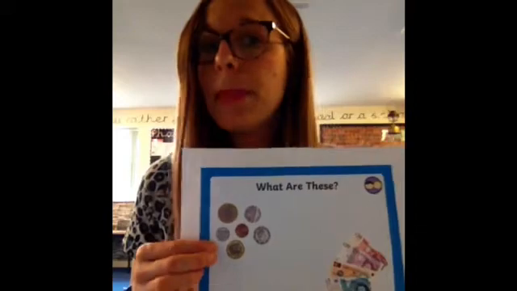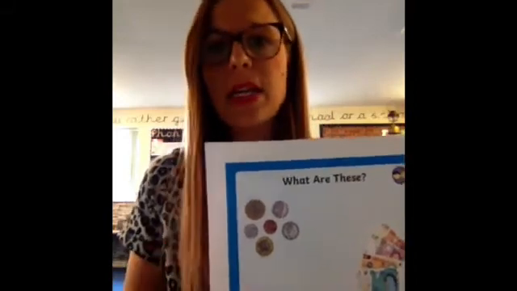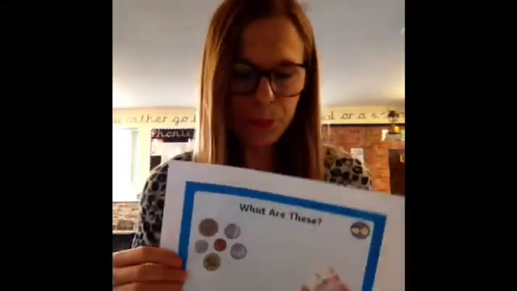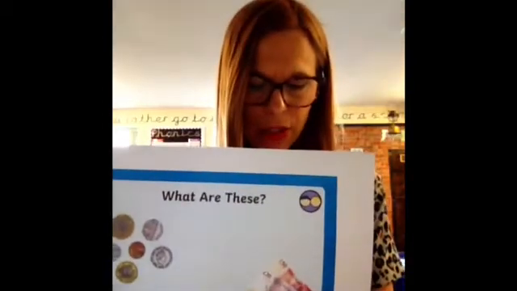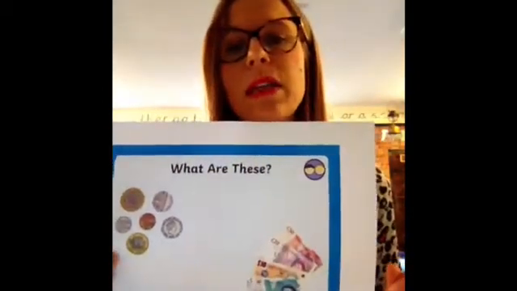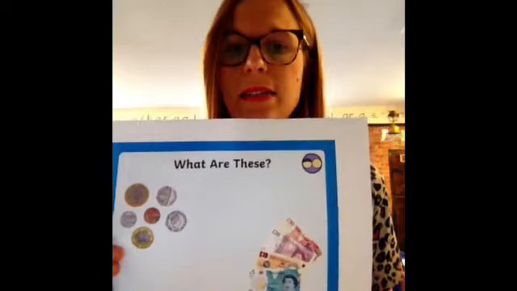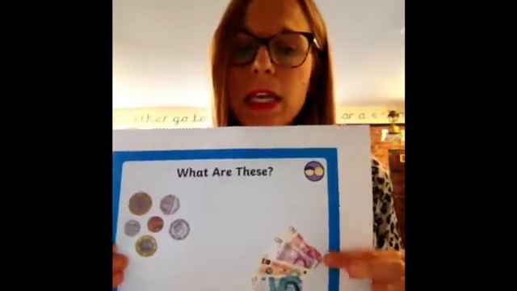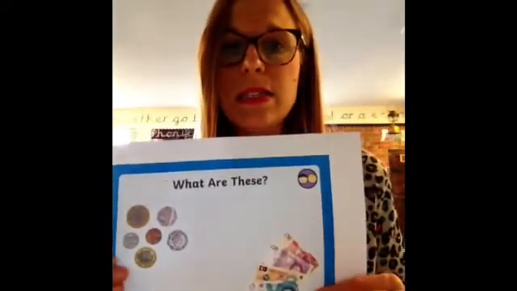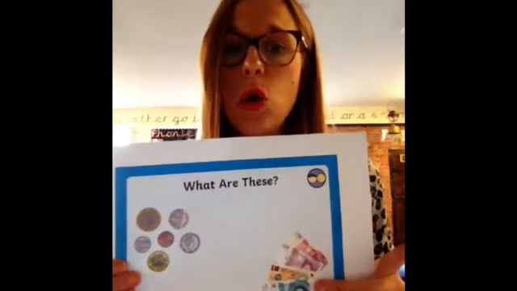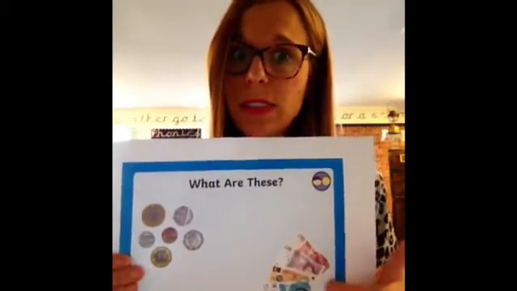Your grown-ups might get milk, and eggs, and bread, those kinds of small purchases. And then we have banknotes that we use to spend on more expensive things because these are worth more. So you might use these to get the fuel for the car, or if you need some clothes, you might use this type of money.